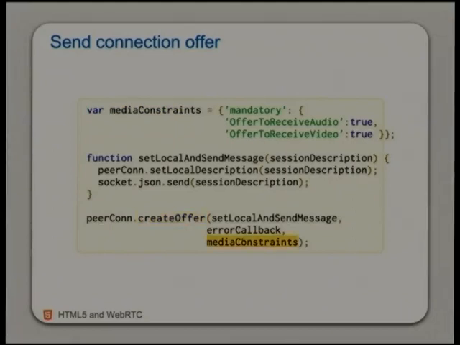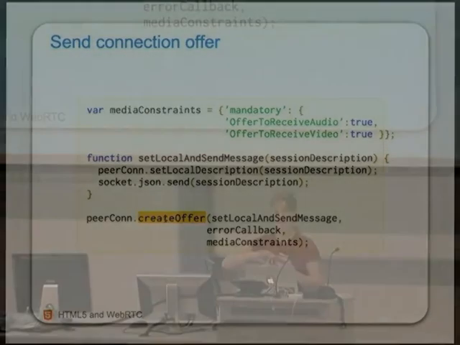Actually, I tried doing it without that, and it totally doesn't work without it. So you just need to tell it, yes, use audio and video. Okay. Create offer is the function that will initiate the connection to the other side. So I'm sending my offer, they send the reply, and then we can start talking.